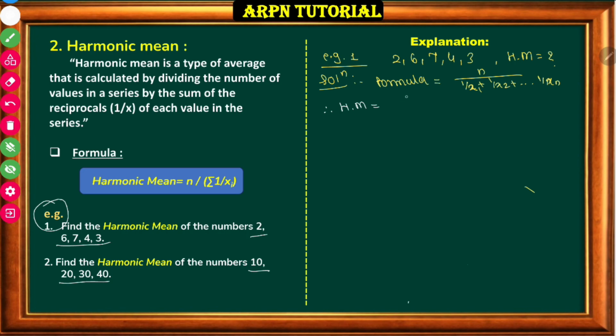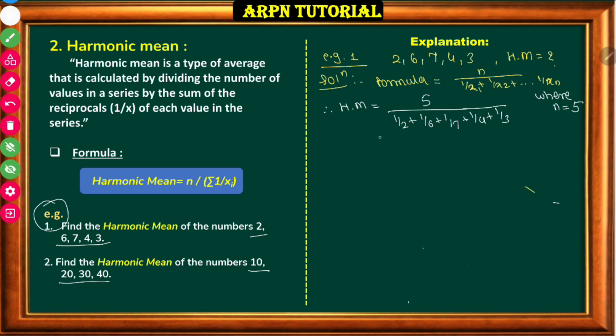So 5 upon (1/2 + 1/6 + 1/7 + 1/4 + 1/3).